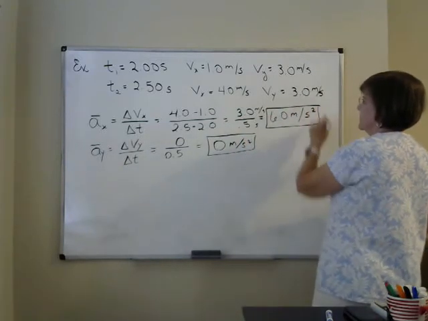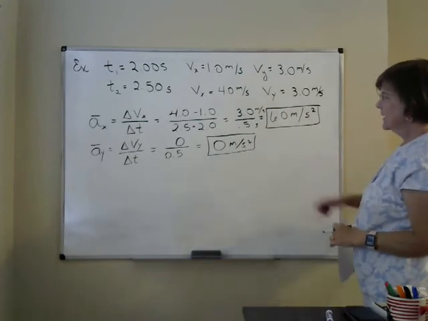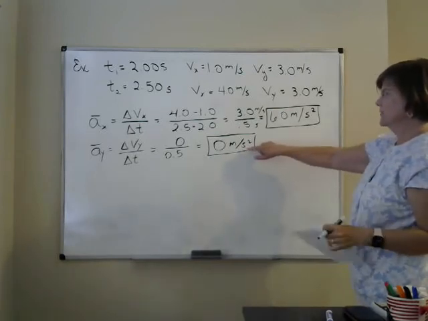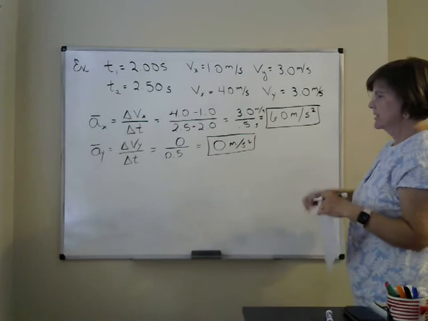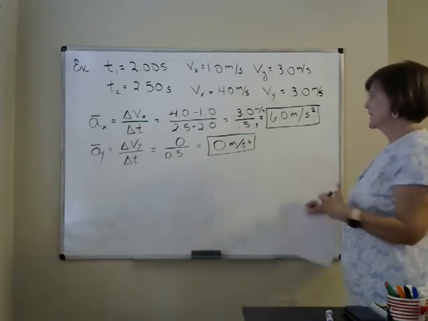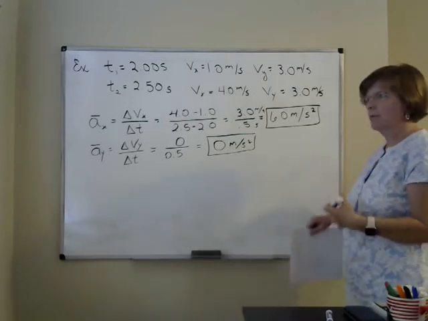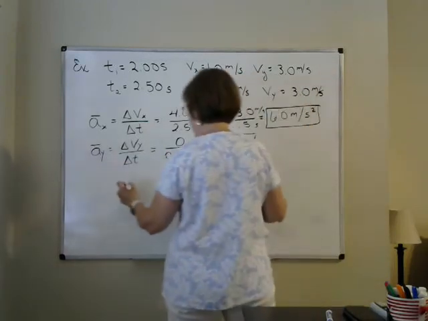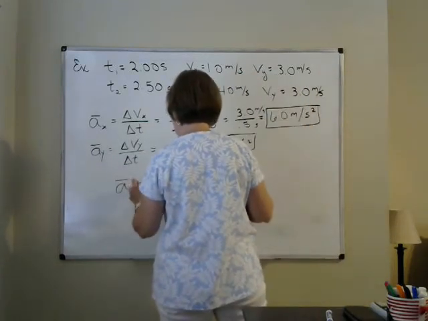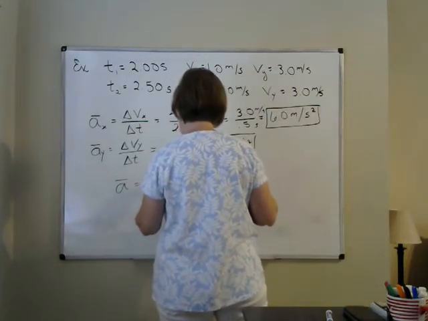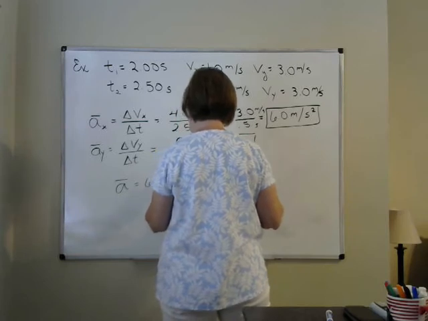If I put those two together, adding a 0 magnitude vector is not going to change this. If I do the Pythagorean theorem, I'm going to get the square root of 6 squared plus 0 squared. So my acceleration is simply 6.0 meters per second squared.